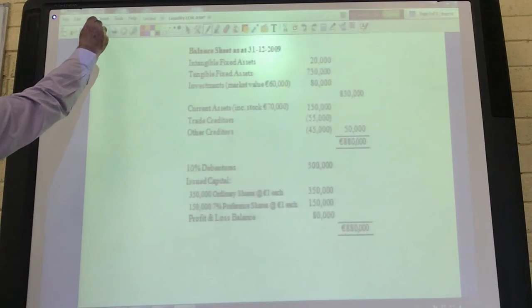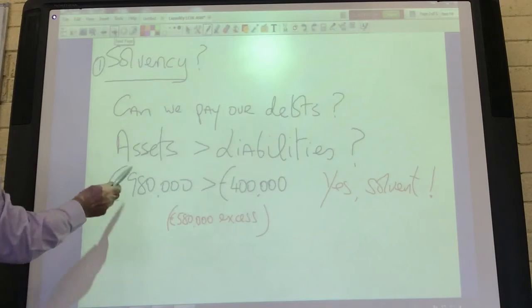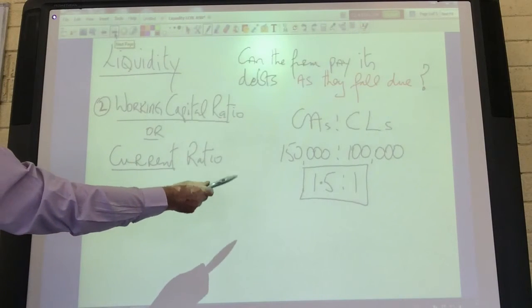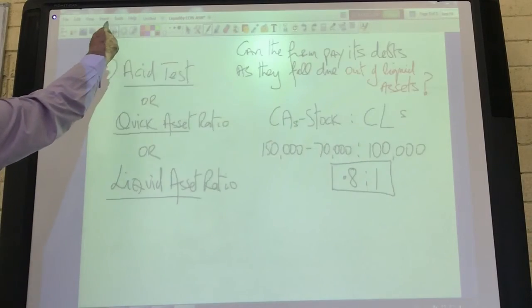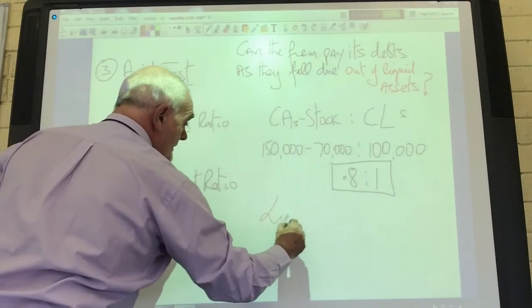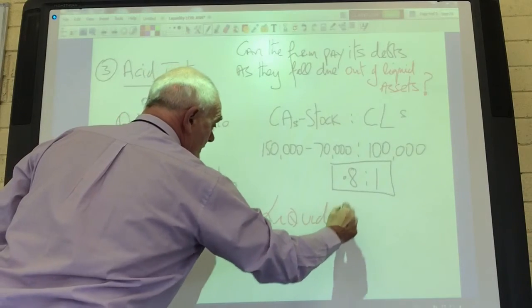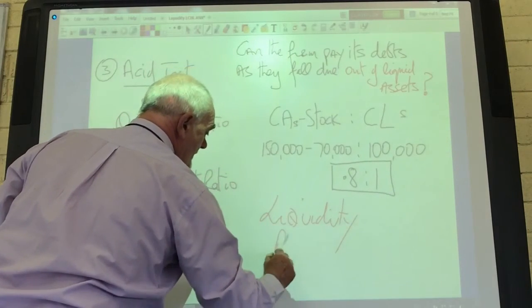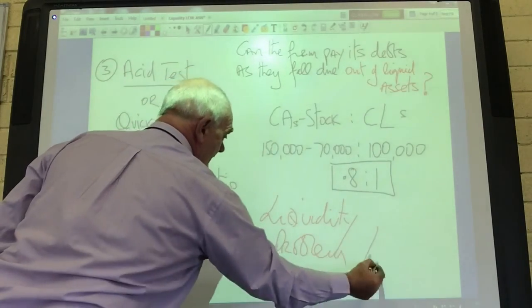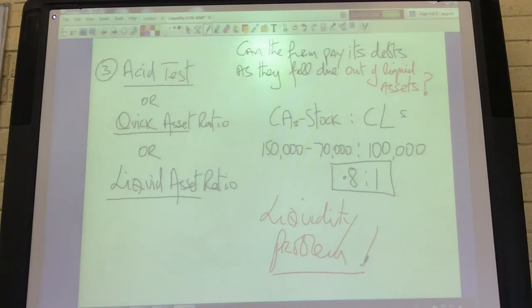Although the firm was solvent, and although the current ratio was a reasonable 1.5 to 1, the firm has a liquidity problem because the liquid asset ratio is less than the recommended 1 to 1.